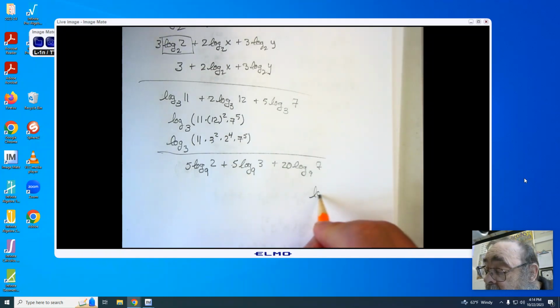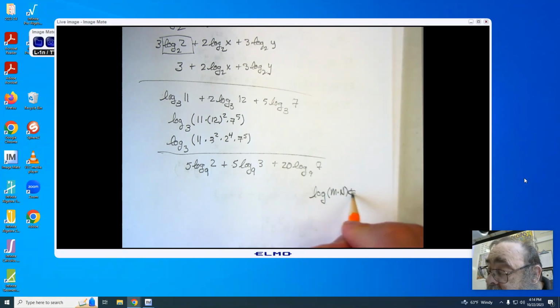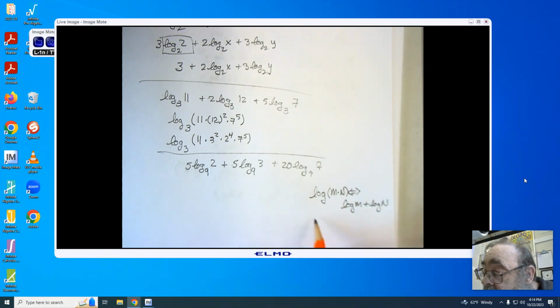If we have, let's do log base 10 of m times n, they expand into log base 10 of m plus log base 10 of n. They condense backward.